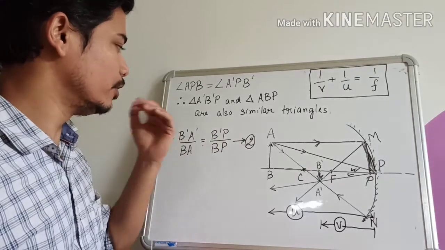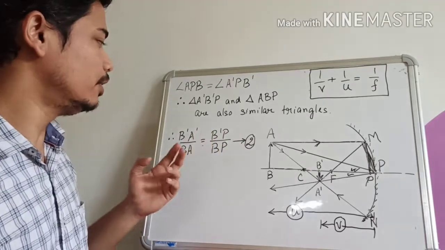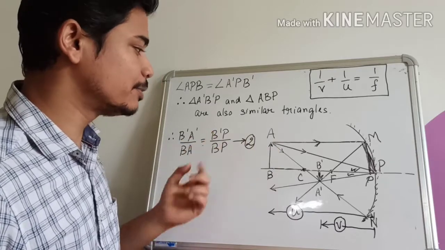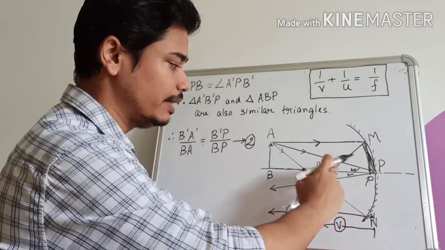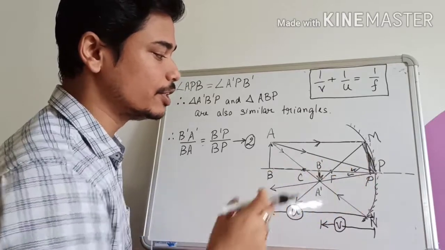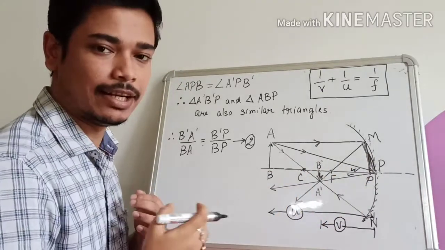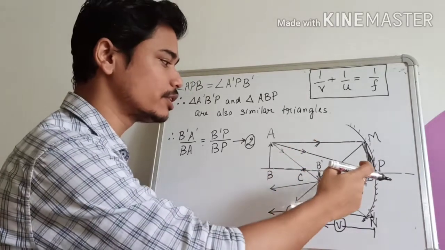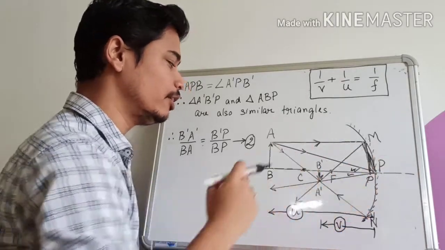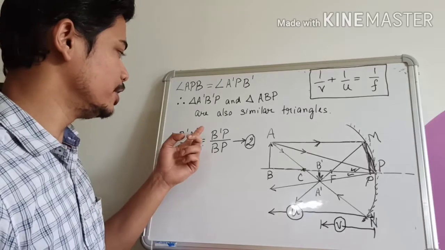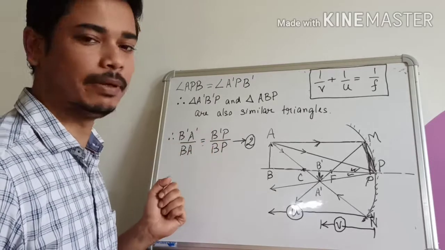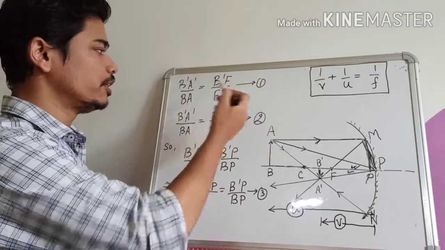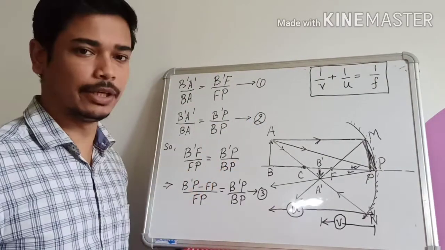Therefore, for the second case, I have taken the side B'P. This side of the first triangle corresponds to the side BP of the second triangle. Therefore, I have written the ratio B'P divided by BP. This is our second equation. So this was our first equation and this was our second equation.